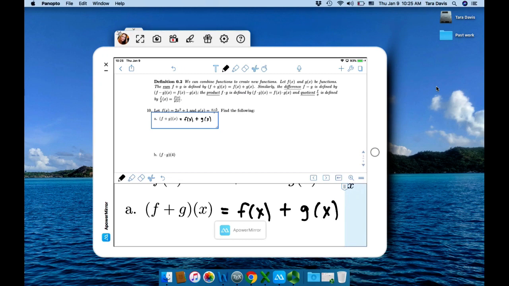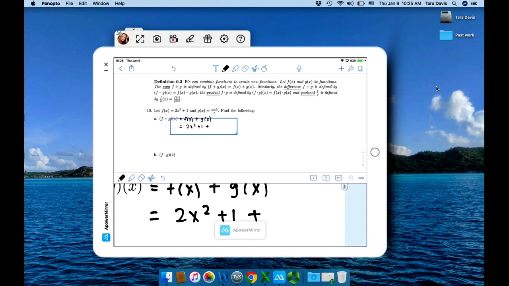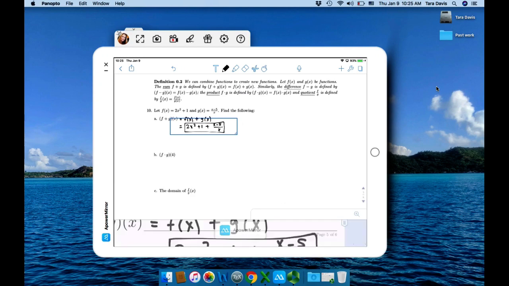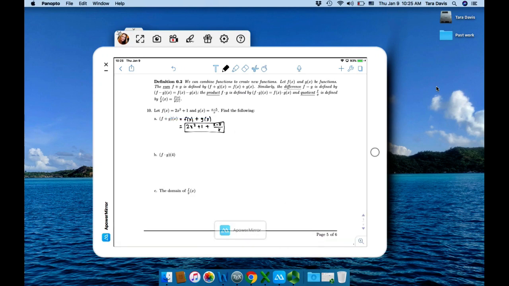Furthermore, by the definitions given on the line above of f of x and g of x, we can state that this is equal to, so f of x is 2x squared plus 1, and then g of x is x minus 5 over x. So totally, this is equal to f plus g of x. Observe, an input of x, a variable, produced an output of a function.